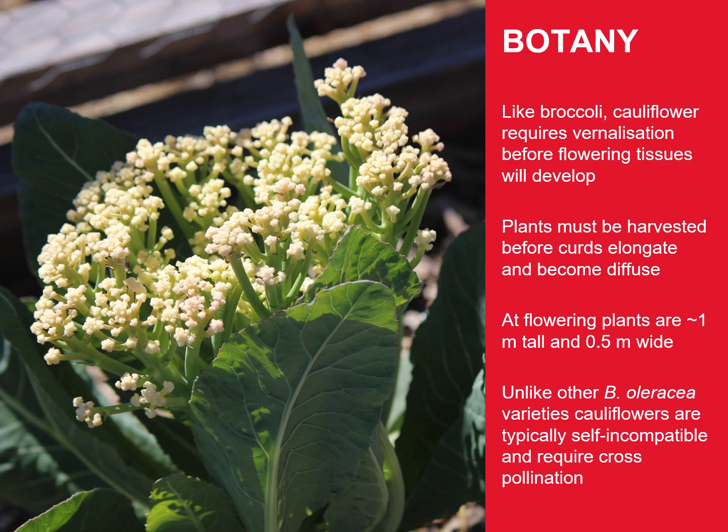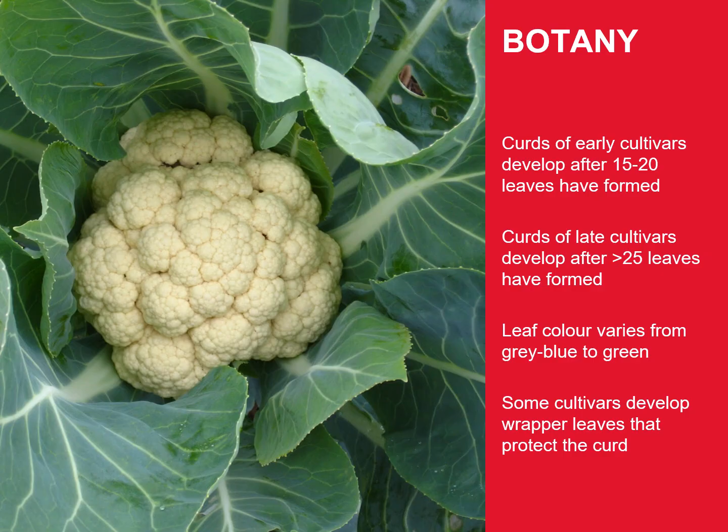Unlike Brassicales varieties like broccoli and cabbage, cauliflowers are generally self-incompatible, so they can't self-pollinate, and they require cross-pollination in order to be fertilized. The curds of early cultivars develop after around 15 to 20 leaves have formed, and the rate of this can be dependent on the environment, so the ambient growing temperature and also the exposure to sunlight.